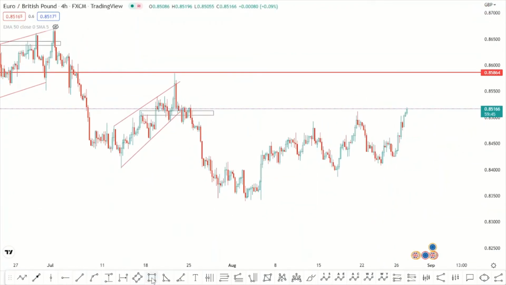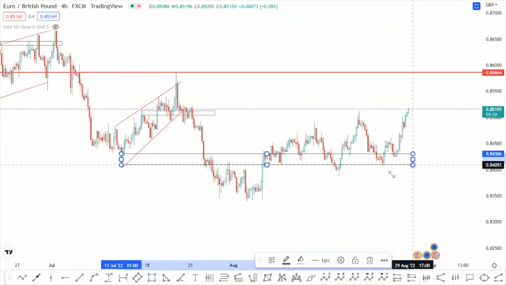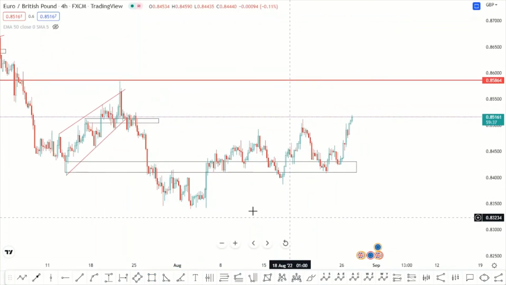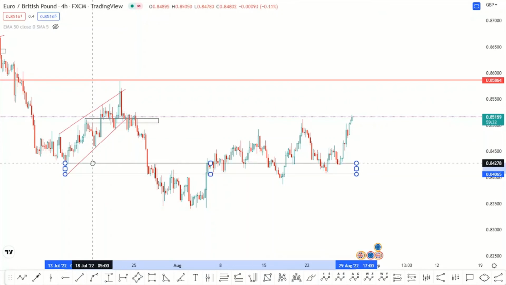So you come back over here, take the full range of the spike, and then over here, just like this. And yes, it becomes clear right now.